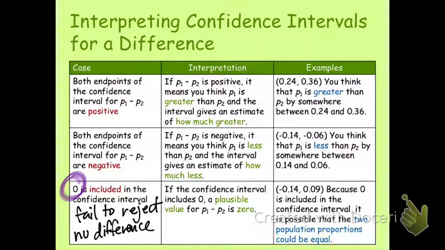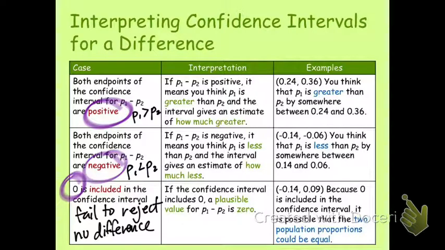The whole purpose is I'm trying to find the difference between the two populations, the two proportions. If you have an interval that is all positive numbers, then that means my P1 is greater than P2. And if you have all negative numbers, then P1 is less than P2.